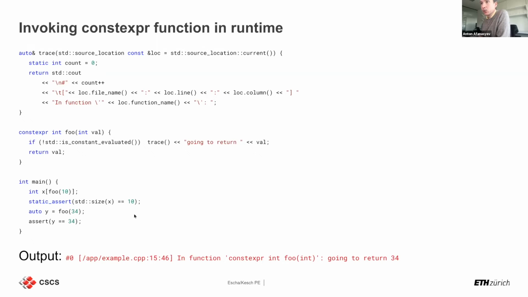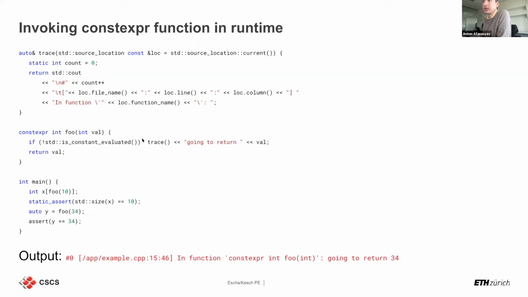So what we see additionally, from C++20 there is the possibility to determine from within the function in what context we are currently evaluating. We can query that with this is_constant_evaluated function.